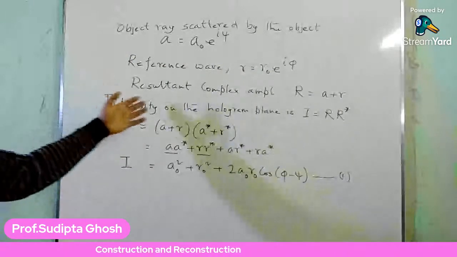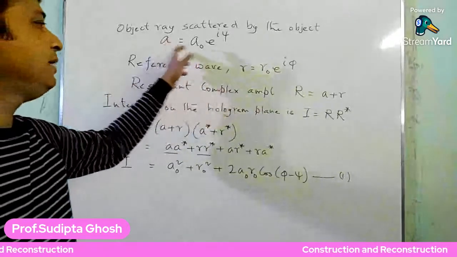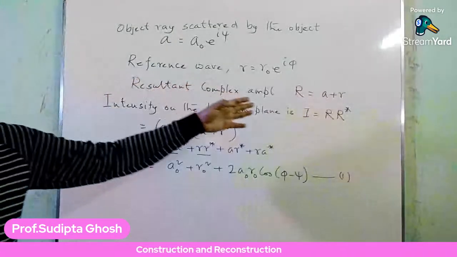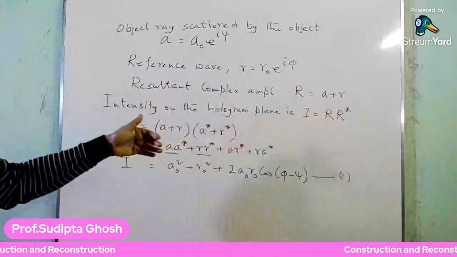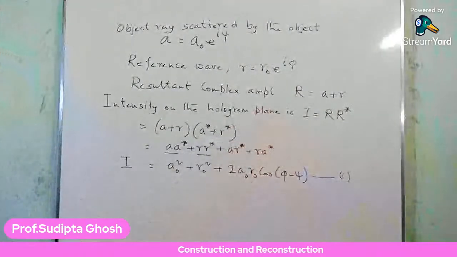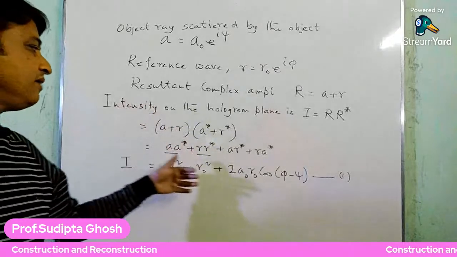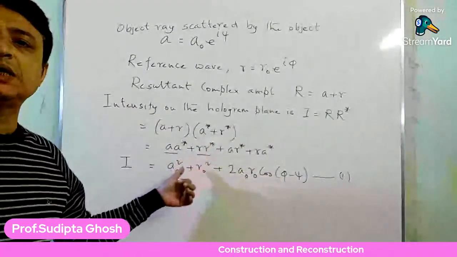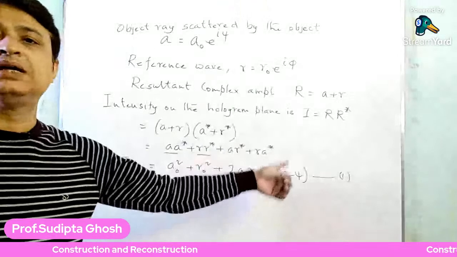So the resultant complex amplitude will be capital R equals small a plus small r. If the amplitude is given, then intensity can be found by squaring the amplitude. Here R into R star, where R star is the complex conjugate of capital R, and after putting in the values, A star A means A0 square, R star R means R0 square, and this is twice A0 R0 cos of phi minus psi.